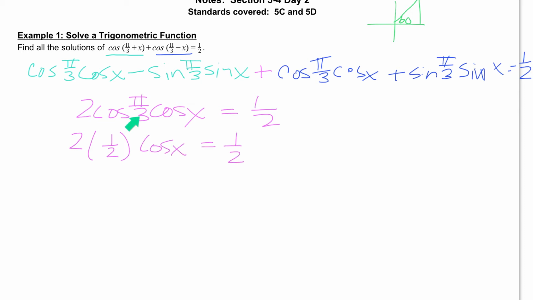So all I did is I took this cosine of pi over 3 and changed it to 1/2 because I could evaluate it. Now I can multiply these two things together. 2 times 1/2, well, that's just 1. So I have 1 times the cosine of x equal to 1/2. And 1 times cosine is just the cosine of x equal to 1/2.